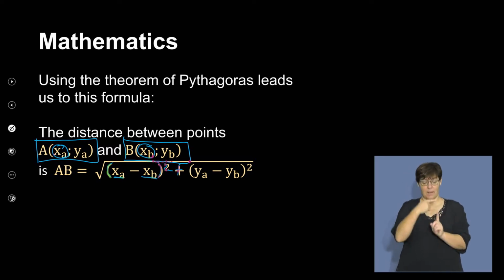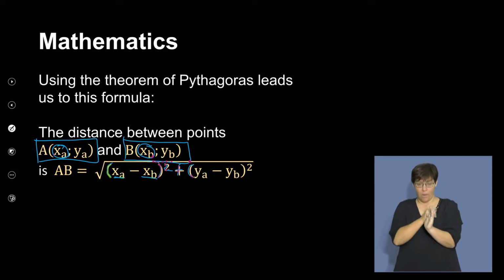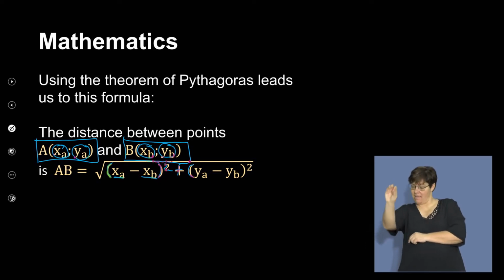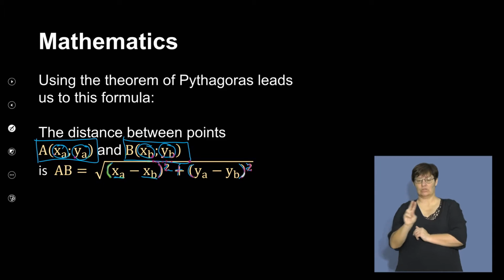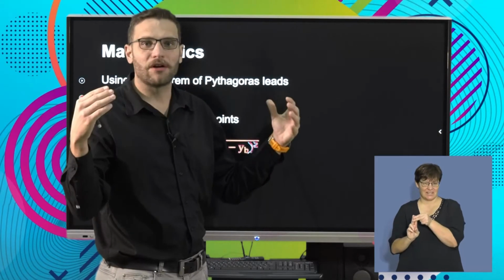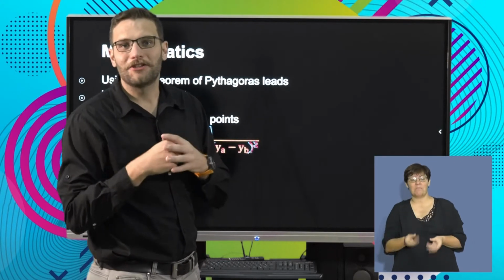And then I'm going to add, I'm going to open brackets, and I'm going to take the y coordinate of the first point. I'm going to subtract the y coordinate of the second point, and then I'm going to square that. And that's going to give us the distance. That's going to give us the number of blocks or units diagonally or horizontally or vertically between 2 points.